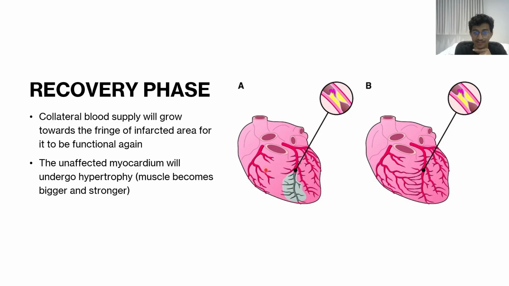So collateral blood supply, new blood vessels, will form towards this area to supply it and make it function again, so it can pump even more blood. And the unaffected part of the ventricles will undergo hypertrophy, which means the muscle will become bigger and stronger, and this is a compensatory mechanism so the heart can pump blood even though some of the muscle is dead.